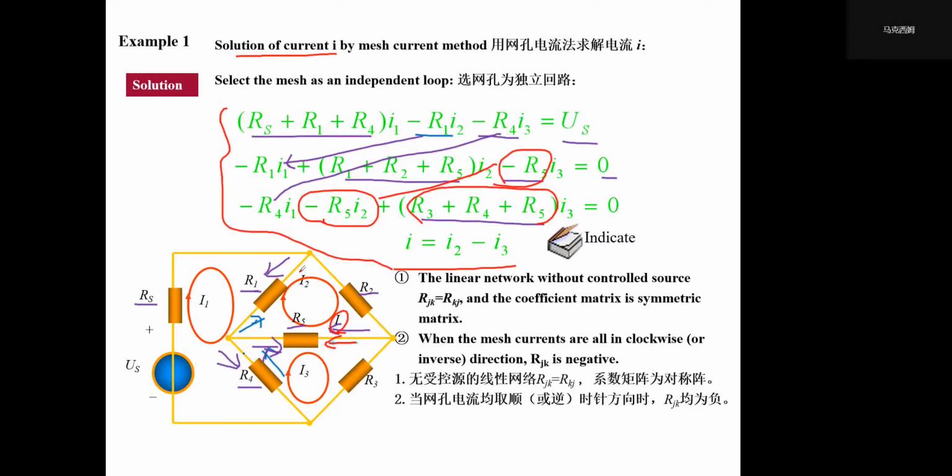So for a linear network like this, which contains no control source, it's very easy to list these equations. And if you follow this step by step, we can calculate it directly.